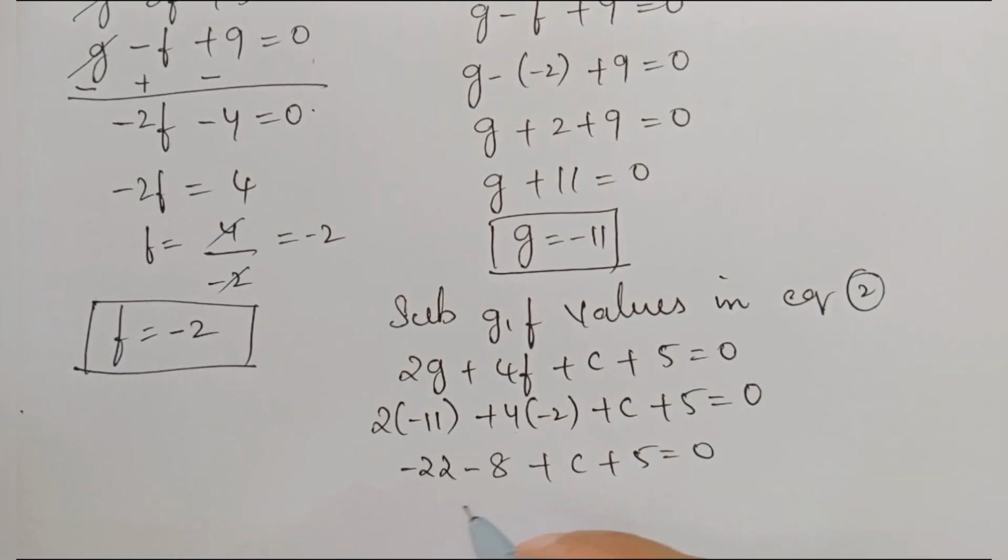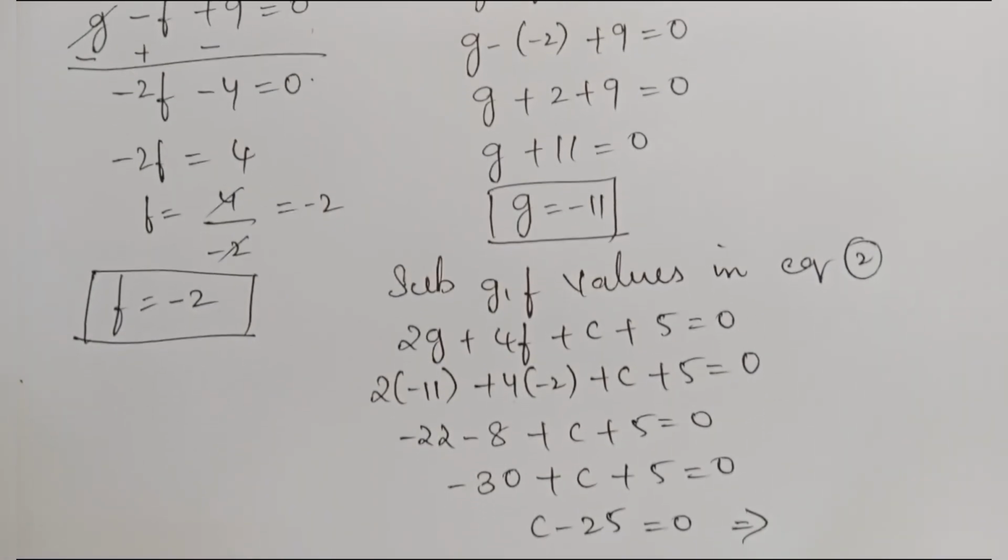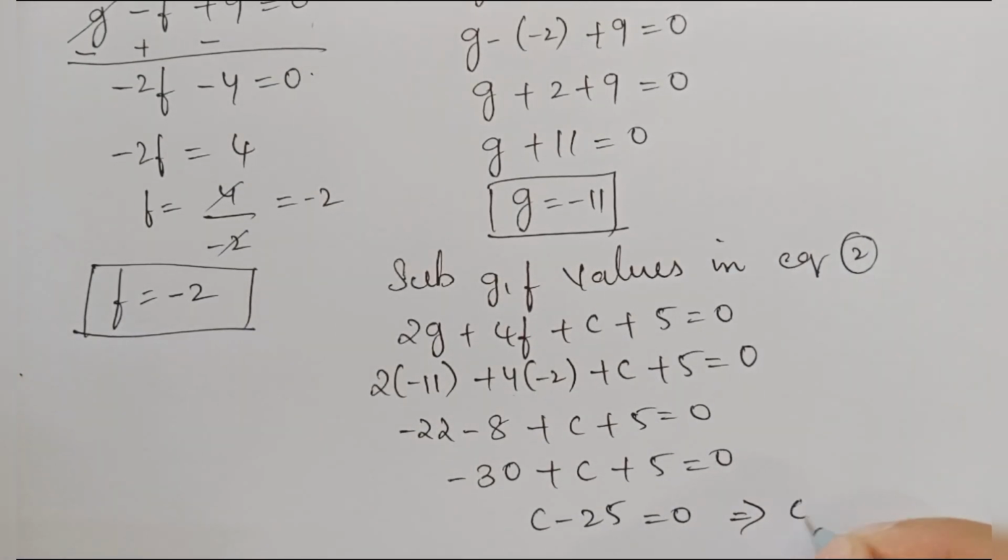Minus 22 minus 8 will be minus 30 plus c plus 5 equals to 0. Minus 30 plus 5 is minus 25. So the value of c is plus 25.